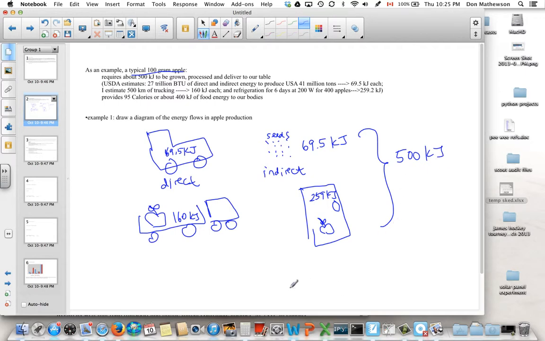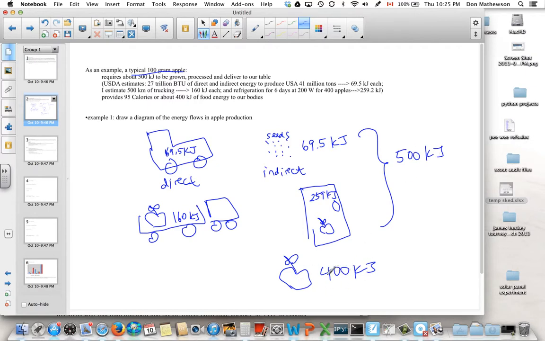And then, of course, the apple itself, the food energy that's in it, typically, that would be about 95 calories. That's about 400 kilojoules. And here we have the problem of sustainability, at least in terms of how it applies to food. You see that we're actually putting more energy in than we're getting out.